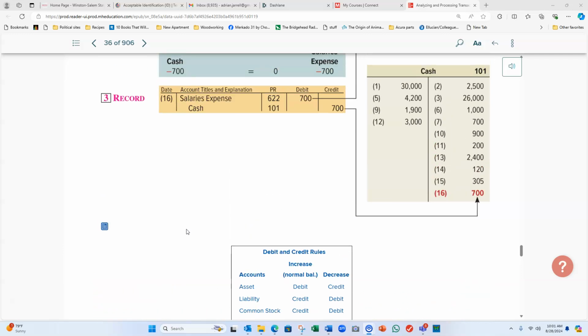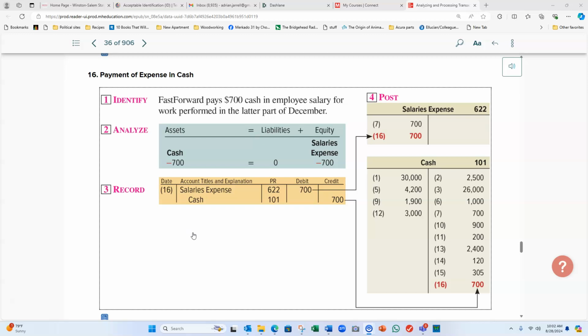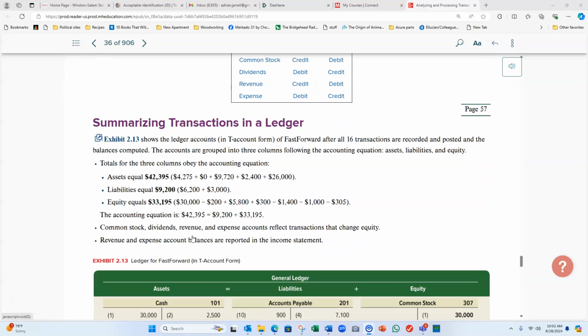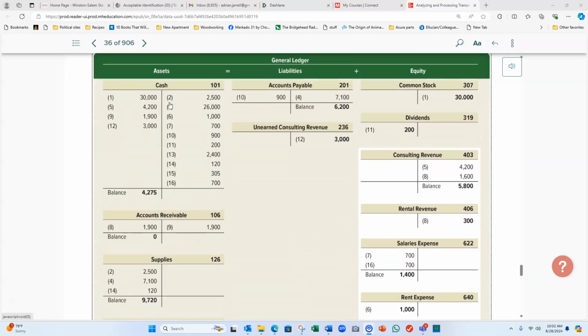Okay, we just finished talking about several of these transactions, and in the general ledger right here, this would be a T account version of the general ledger, showing the balance of each account plus all the transactions in each account. So to see the equation working out, you'd have to see both sides.